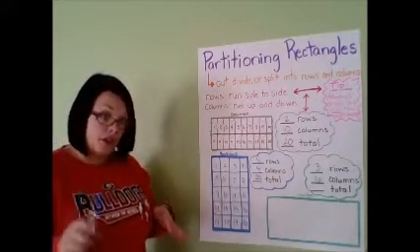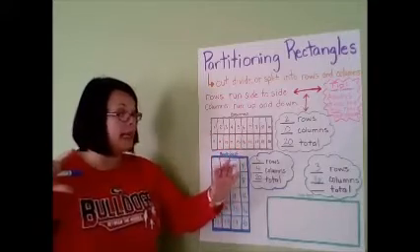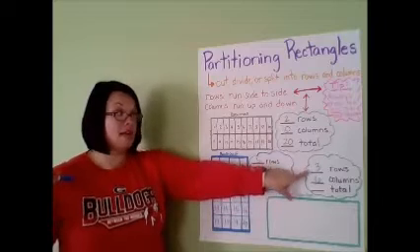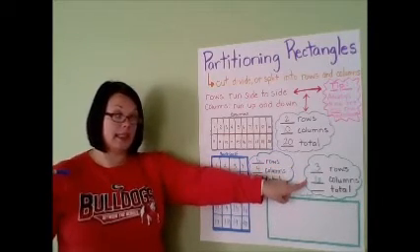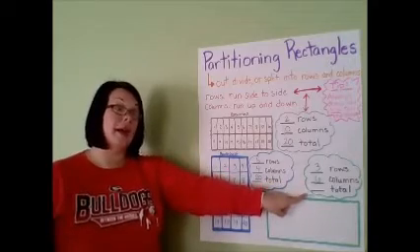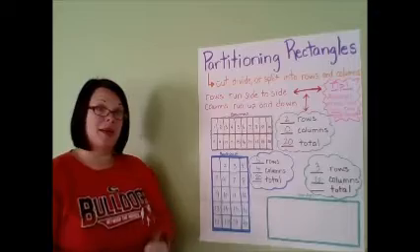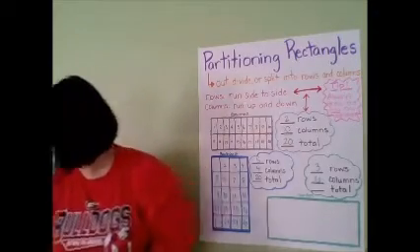What I'd like for you to do is draw a rectangle that's going horizontally or side to side. And I would like you to try to make a garden that has 3 rows and 6 columns, and then try to count the number of total spaces or squares that I could plant plants in. Okay, pause the video and give that a try.